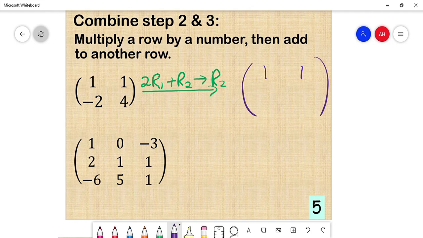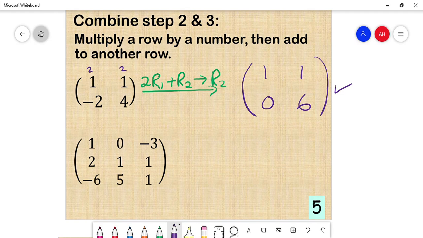For row number 2, we multiply row number 1 by 2, which gives 2 and 2, and then add it with row number 2. So 2 plus negative 2 is 0, and 2 plus 4 is 6. This is what we get after we multiply row number 1 by 2 and add it to row number 2.